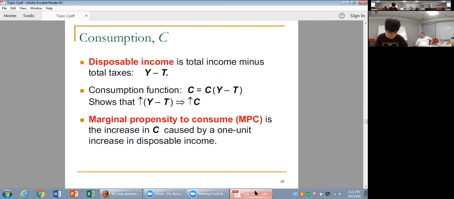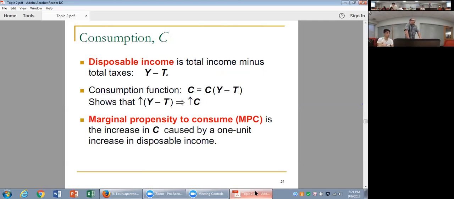So let's look at consumption. I will presume that you all know the very classic way of understanding this, when we had GDP as goods and services. This is like that, except now that we have a government, we need to think of the consumption function from a more microeconomic standpoint.